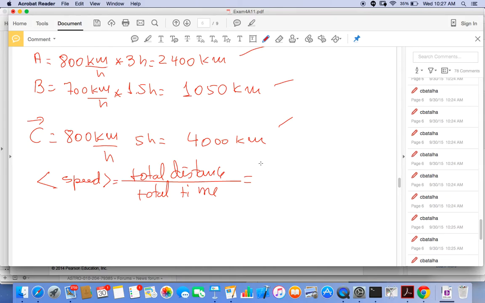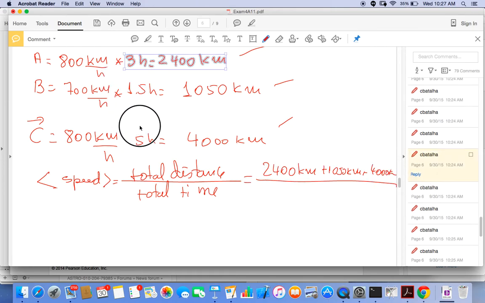So you take total distance, how many kilometers the airplane covered all that time, take whatever number that is and divide it by the total time, which is 3 hours plus 1.5 hours plus 5 hours, and then you're done with that part.